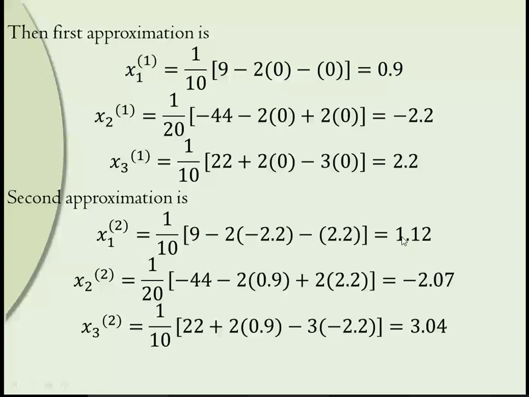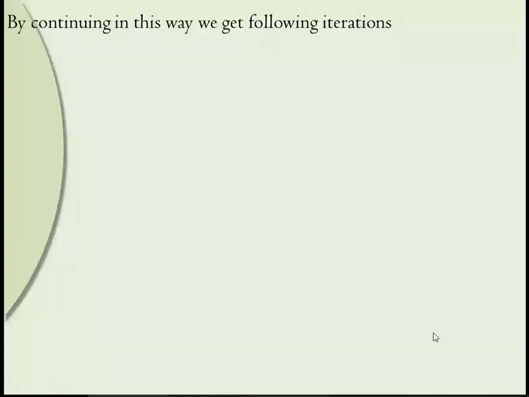They are not matching, so we have to do the next approximation. Like that, we have to continue until two continuous approximation values get matched. So I'm putting all those terms into a table and then checking which two approximations are approximately equal. That will be the answer for the system of equations.